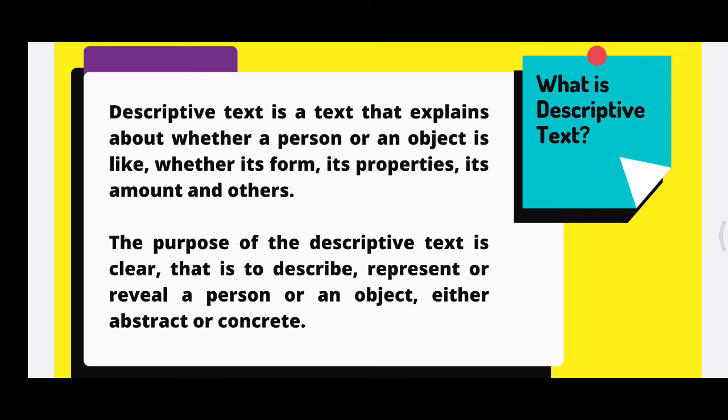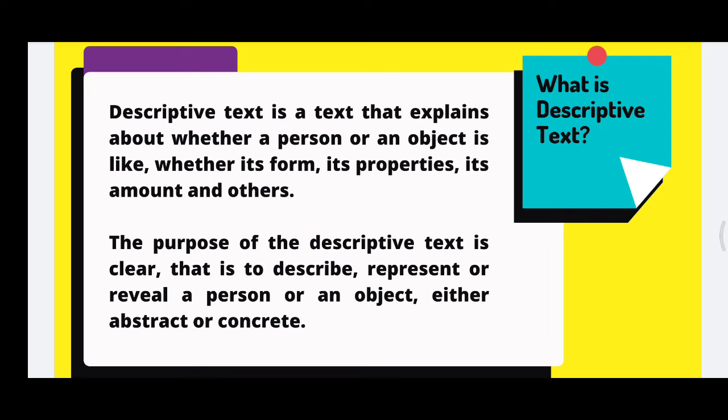So descriptive text is basically a text that explains what a person or an object is like, whether its form, its properties, its amount, and others. And Bapak Ibu, we also need to notice that descriptive text has a purpose.